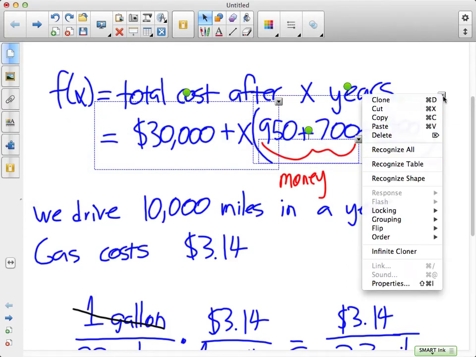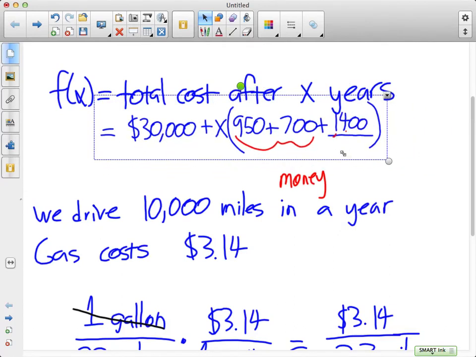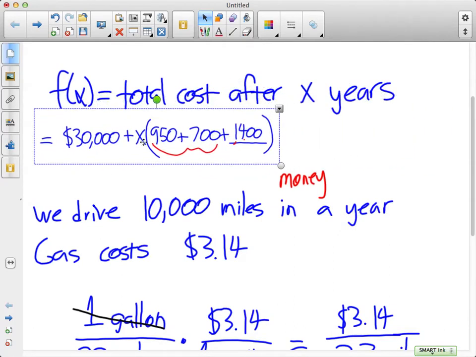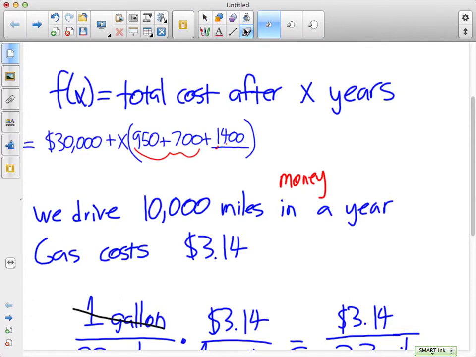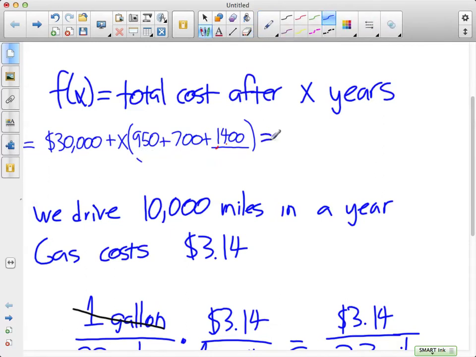I'm going to group all of these. So this is going to become 30,000 plus 3,050x. 3,050 is this sum right here.